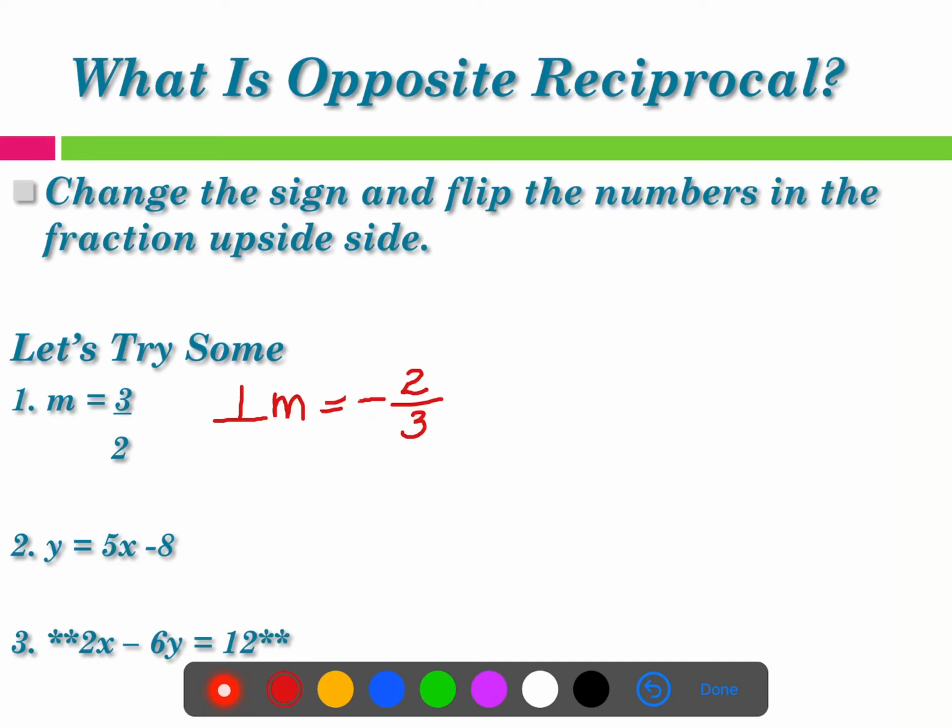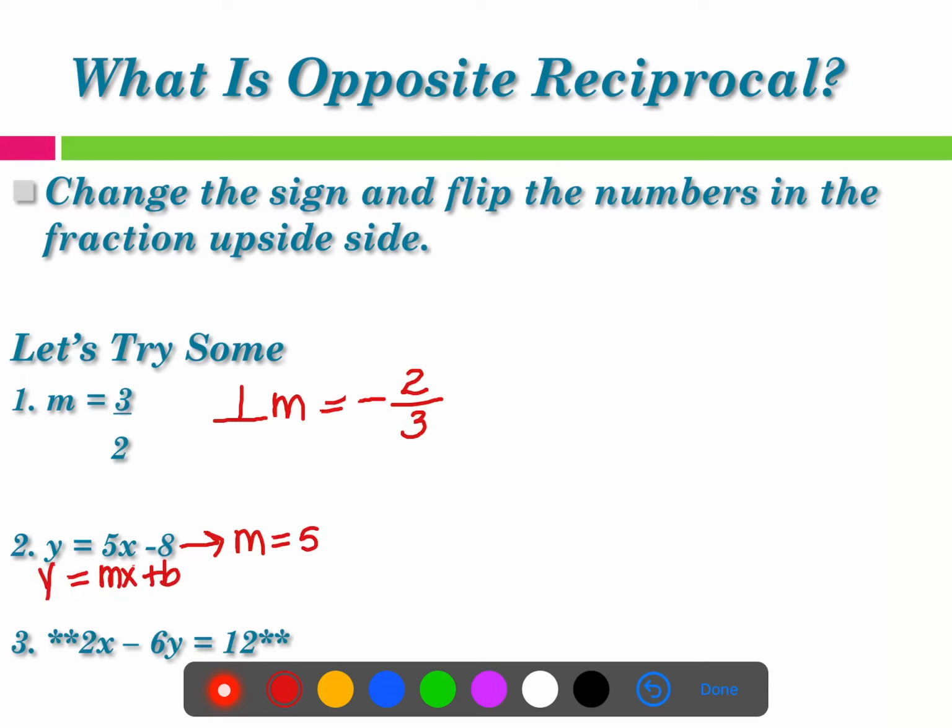So if I graphed a line with a slope of 3/2 and a slope of -2/3, they would intersect at a 90-degree angle.